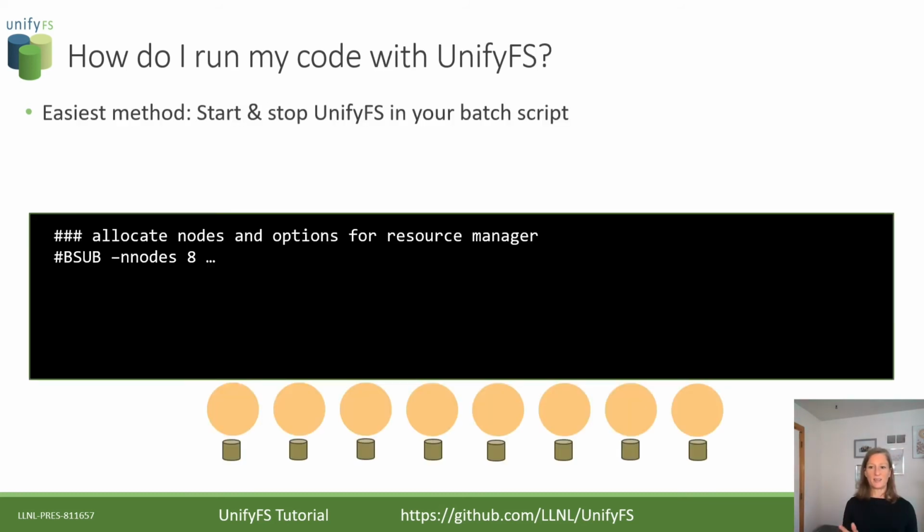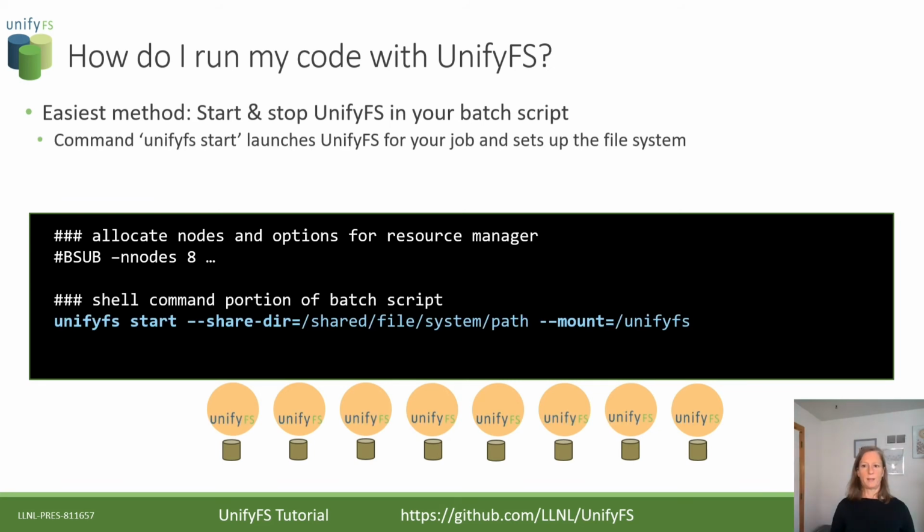Okay, so now that you have everything all set up, how are you going to run your code with UnifyFS? To illustrate this, I'm going to show you how to do it in a bash script. So in this example, we've allocated 8 compute nodes, showing those at the bottom there. And then what we do is we add lines to your batch script to start up the UnifyFS file system.